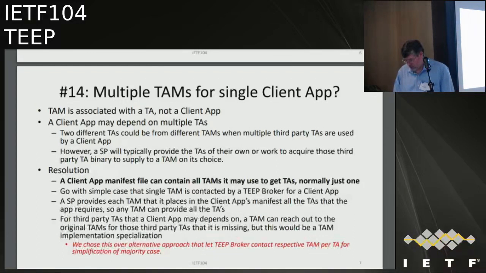I think that's the decision point, and we chose to use the first one. We assume the common case is that the SP owns the TA most of the time. So I just wanted to clarify this and get any inputs and feedback.